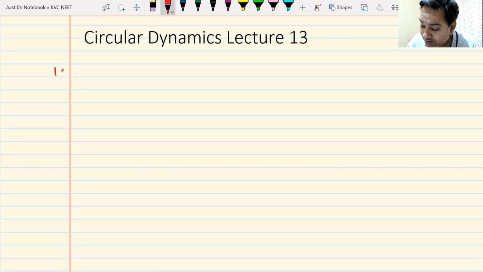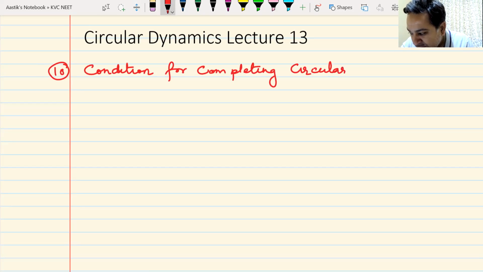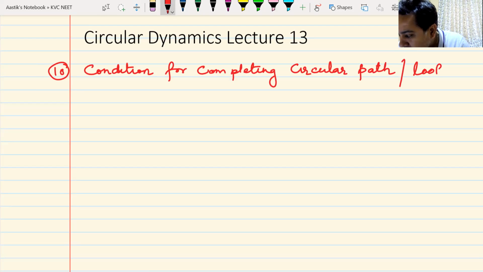And the next heading is: condition for completing the circular path. This is one way you can write it, or you can write condition for looping.